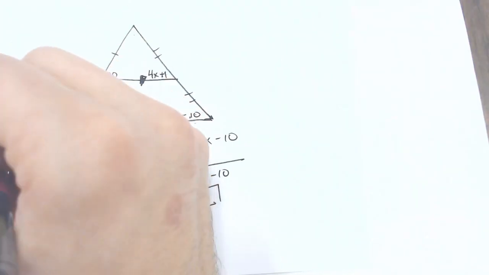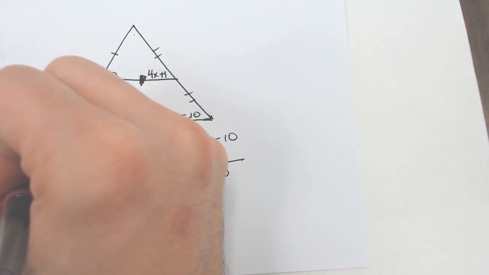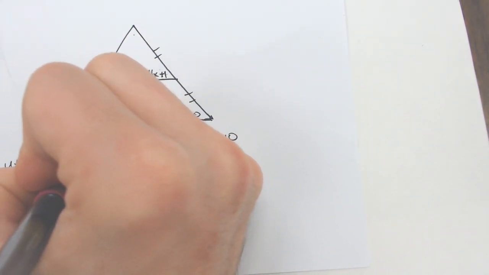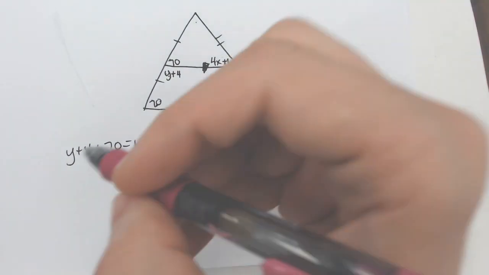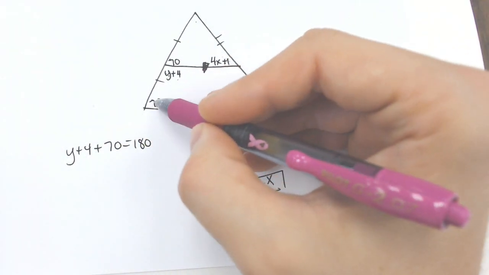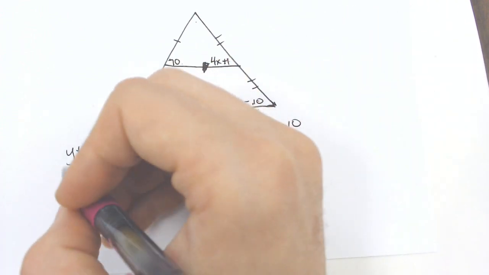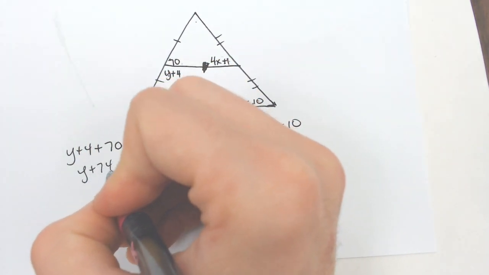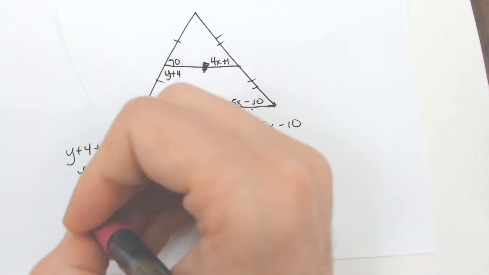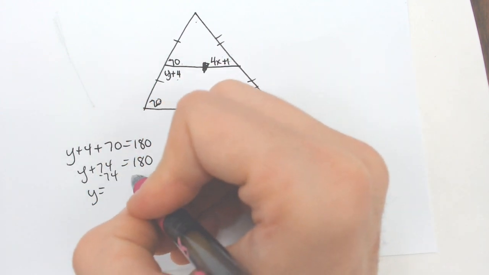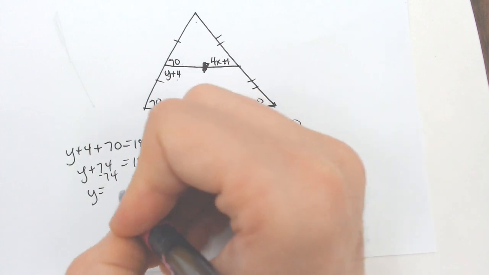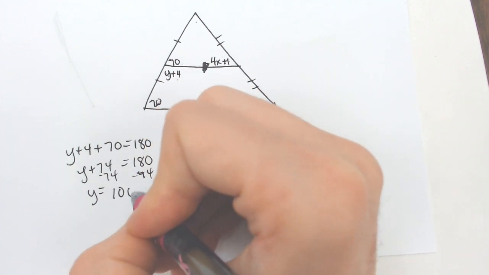Same side interior angles will have to add to equal 180 degrees instead. So I'm going to just add these together, the y plus 4 and the 70, to equal 180. We'd end up with y plus 74 equals 180. When we subtract 74 from 180, we get our answer, which in this case is 106 degrees.